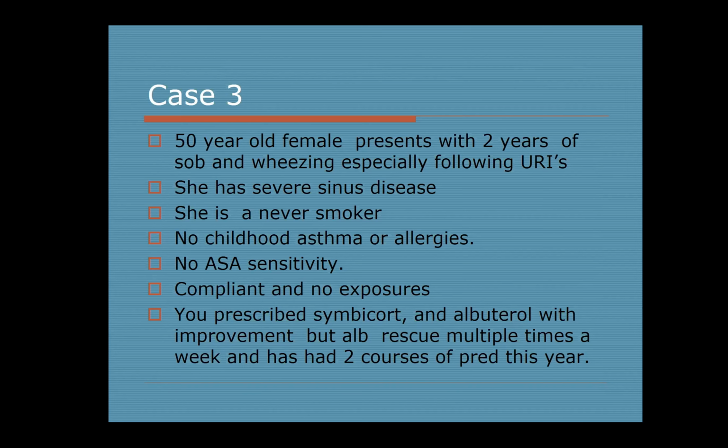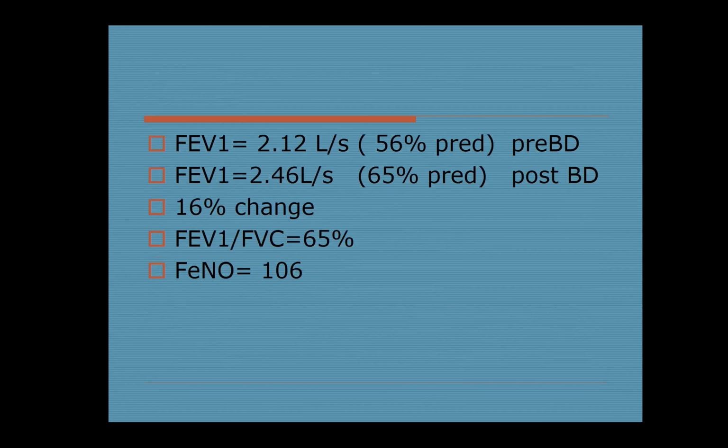So let's see what her PFT looked like. So here we have her PFT. We just put here her FEV1. So pre-bronchodilator, her FEV1 is 2.1 liters, or 56% of predicted, really bad. Her FEV1 post-bronchodilator is 2.46, which is 65% of predicted.